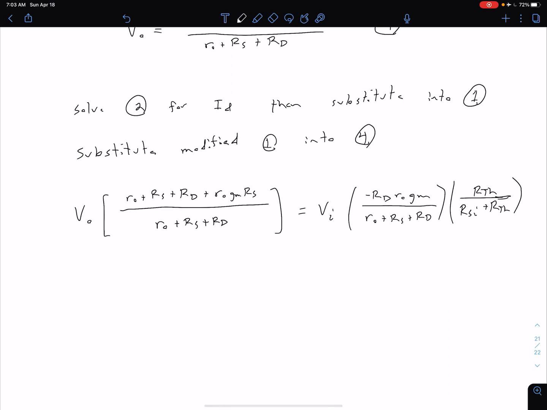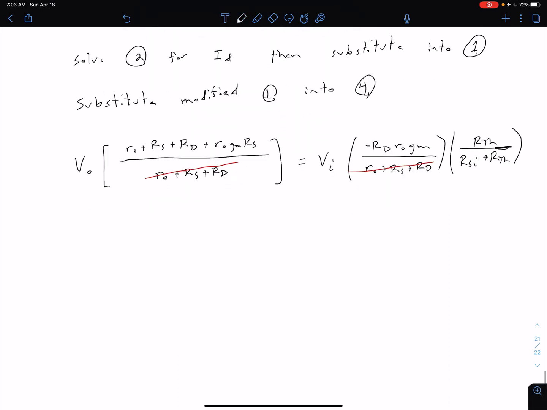So it's actually been modified a little bit. Again, that just comes out in the algebra. And we can see we have a couple terms canceling out, so we've got this canceling out over here with this. Now we can just divide both sides through by that Vn, and we're going to get our desired AV, which again is equal to Vout over Vn.